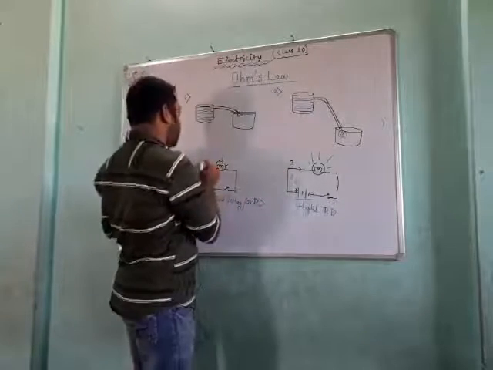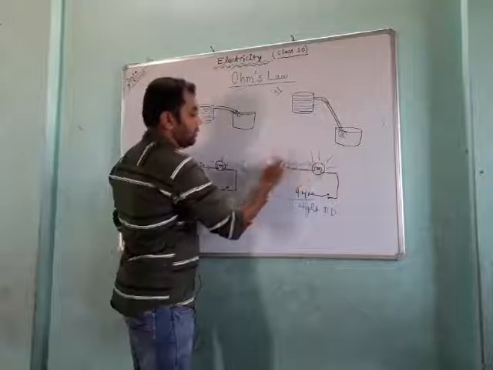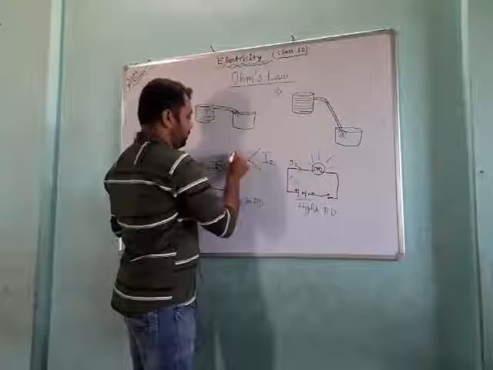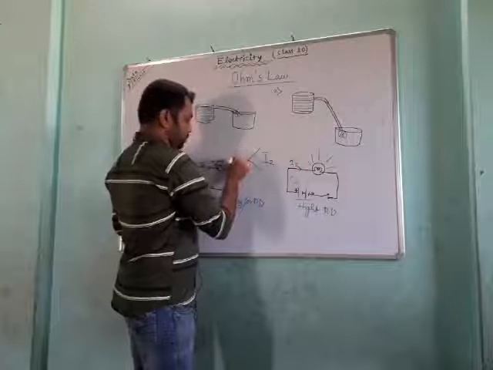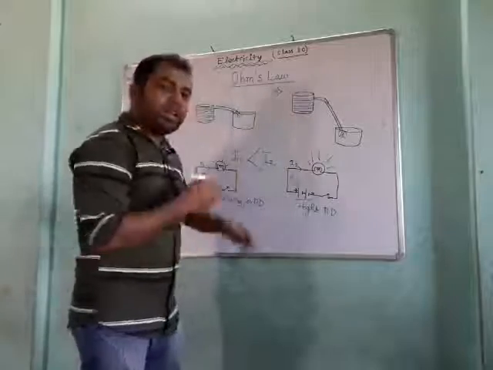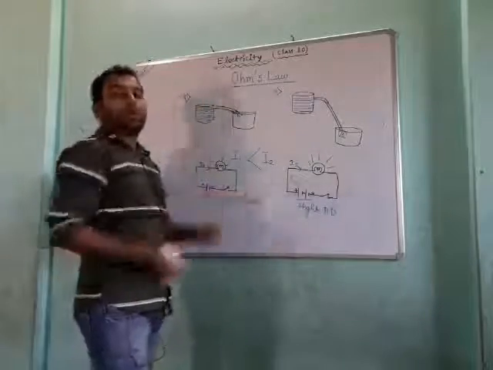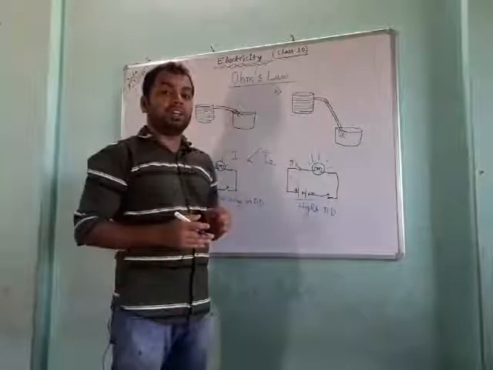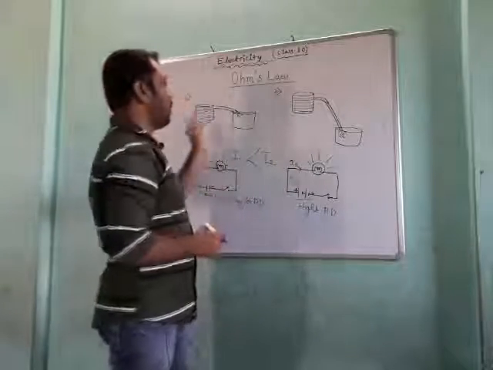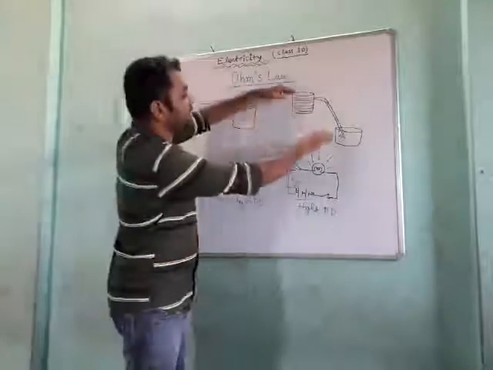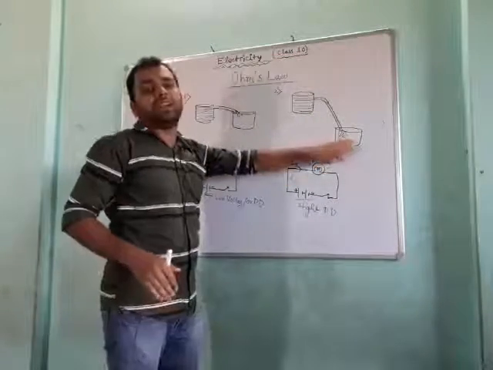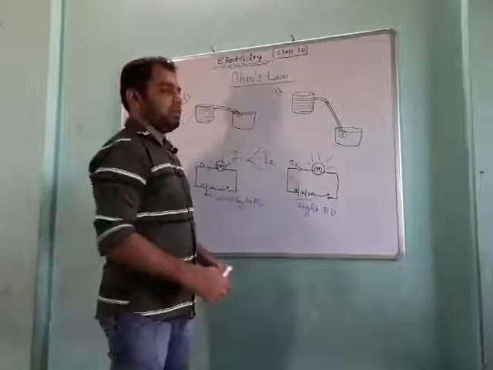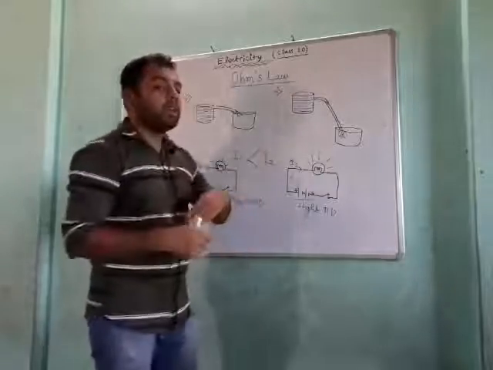So if I say I1 and I2, I2 is greater than I1. We can say with increasing voltage or potential difference, current also increases. You can compare with these water tanks. With increasing height, the flow of water increases. Similarly, with increasing potential difference, current also increases.